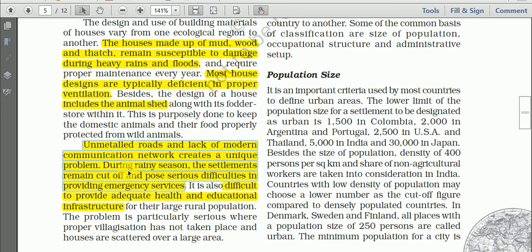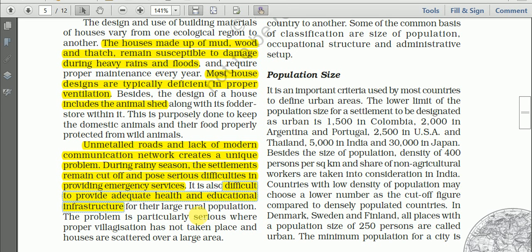And one more point we can add is that there is lack of adequate health and educational infrastructure facilities in the rural areas in the developing countries of the world.